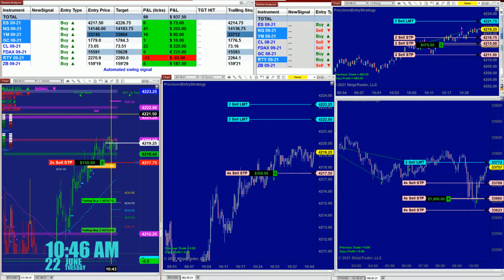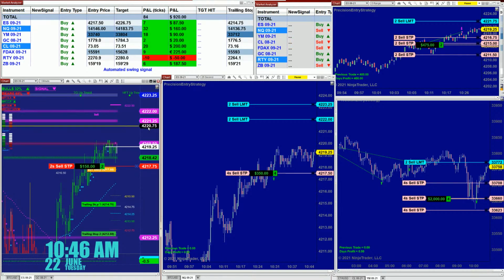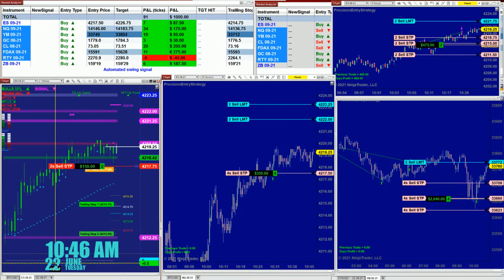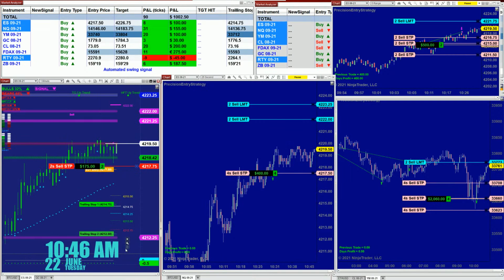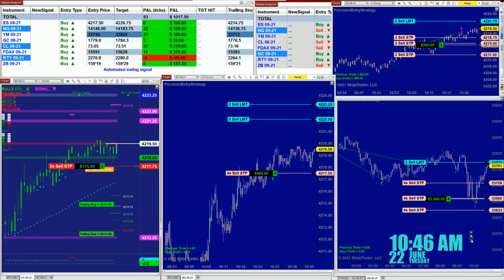It does not matter if you are using the TI7 or the precision automated trade. If you don't know what you are reading, if you look at this market, the market is always telling us what's going on. This is the only thing: the market always tells us what's going on.